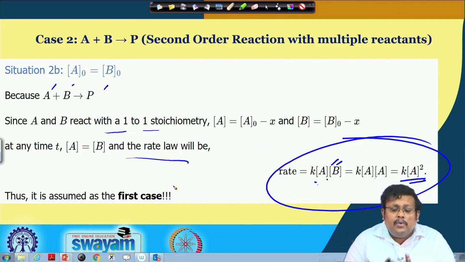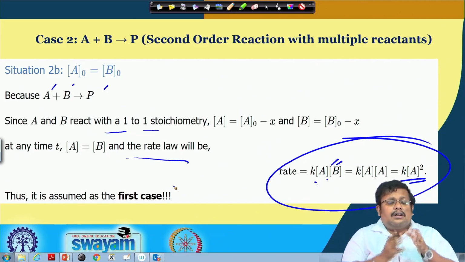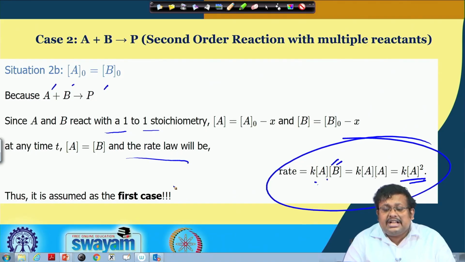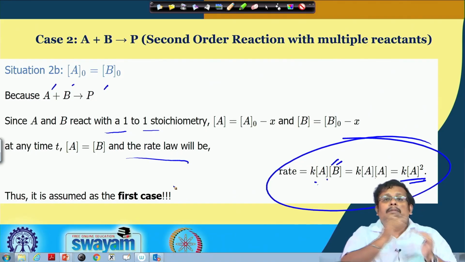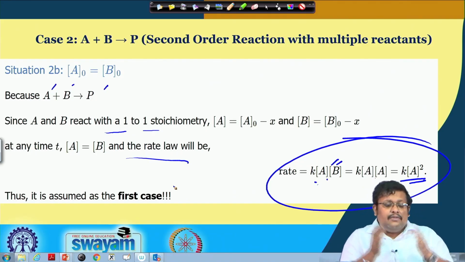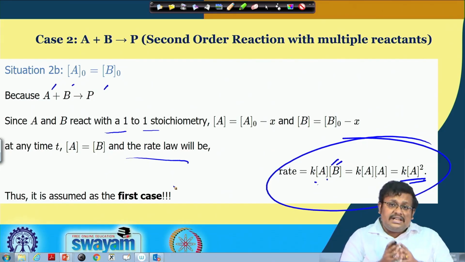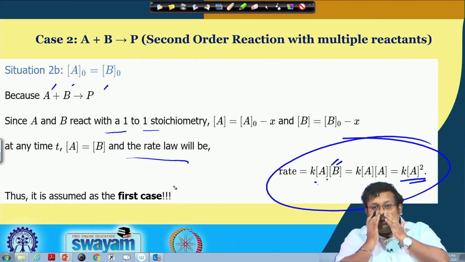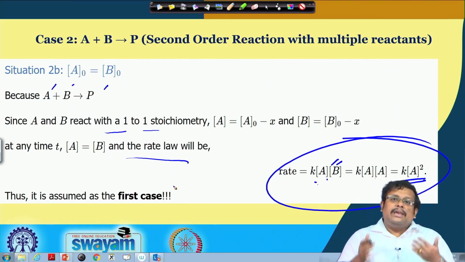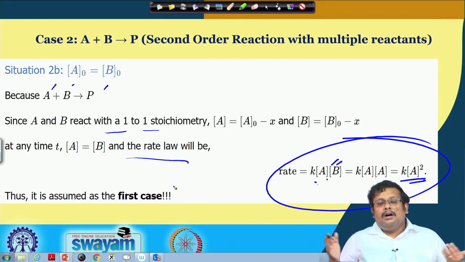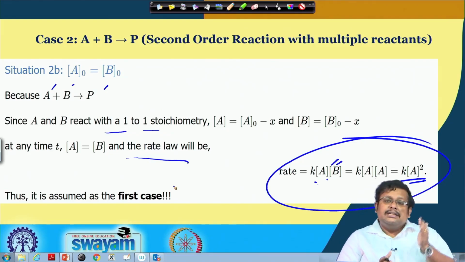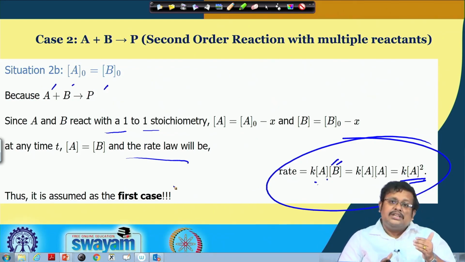So, this is how we can get the second order reaction with single reactant or multiple reactants, how we can express their rates, and also how we can plot them in the form of a straight line. Remember, in case of a first order reaction, this also gives you a straight line.